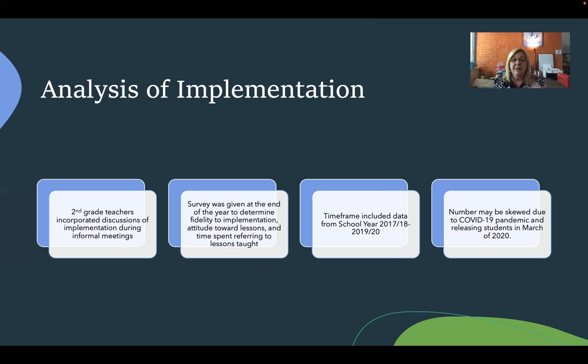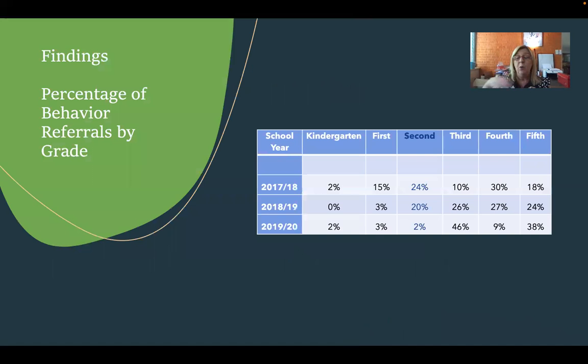The time frame, as I said before, was the year before, during, and year 2, which was school year 2017-18 up until 2019-20. And the numbers in our last year are most likely skewed because of the COVID-19 pandemic and releasing the students basically one 9 weeks earlier and not getting those additional data.